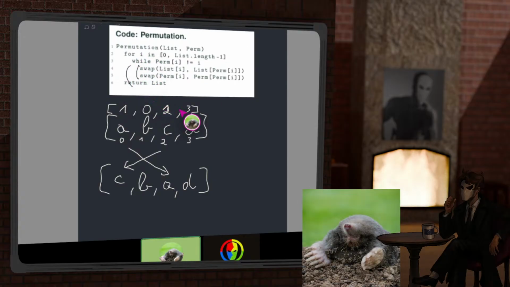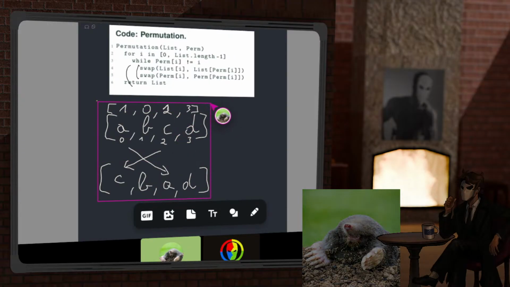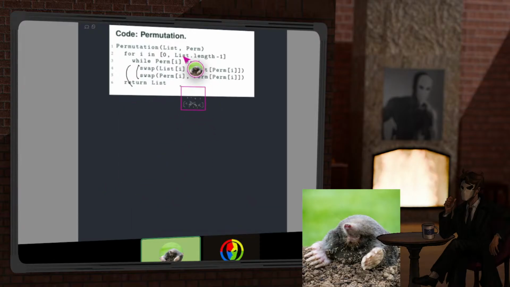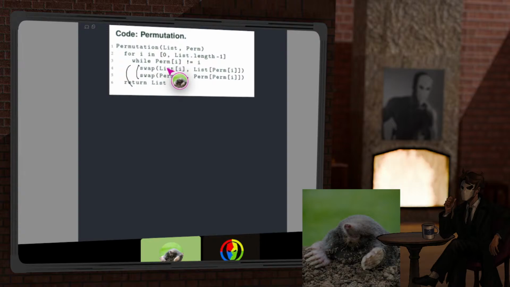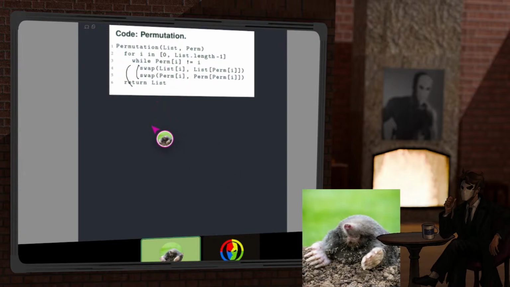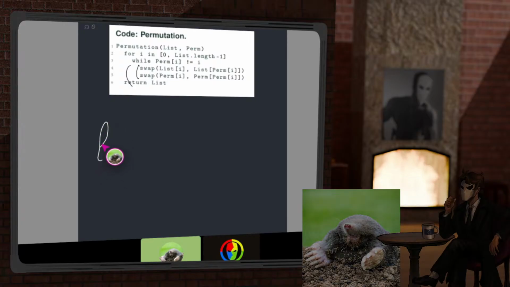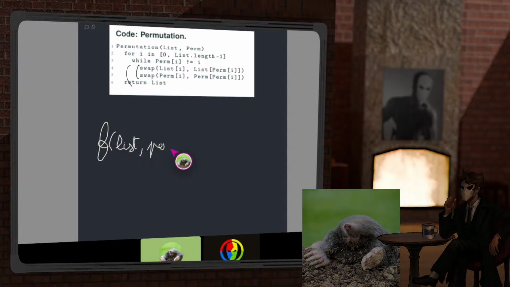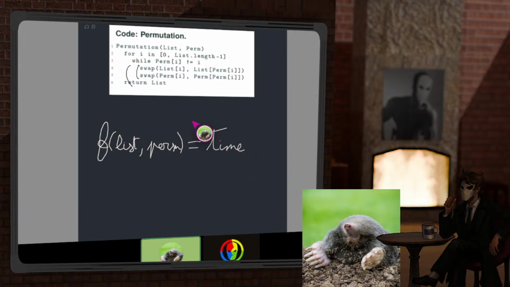Now, if we wanted to find the order of complexity of this algorithm, we could try to describe a function f that takes as input both lists and outputs the time the algorithm would take on these inputs.